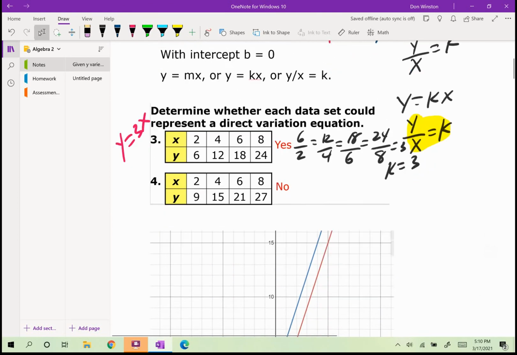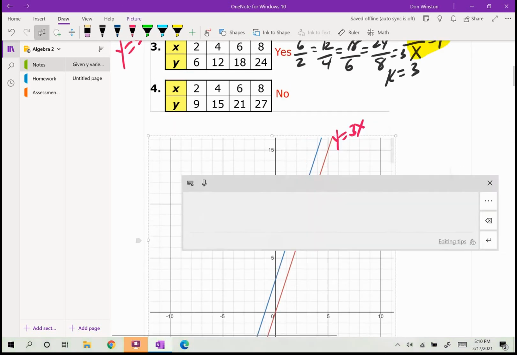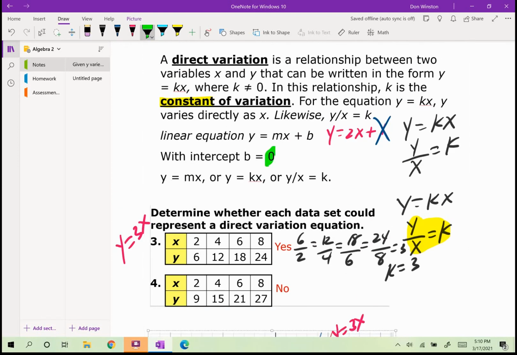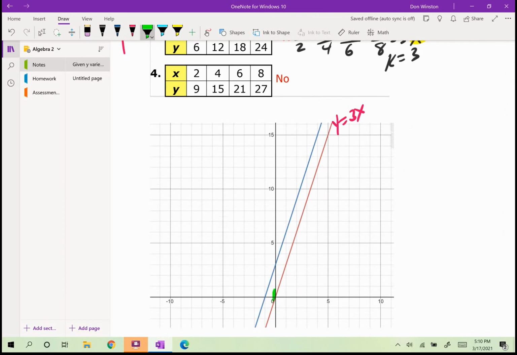All right. Now, if I graph that here, you'll see that's this one here, y equals 3x. Again, there's no y-intercept for a direct variation equation. My intercept b is 0, so the line goes right through the origin.